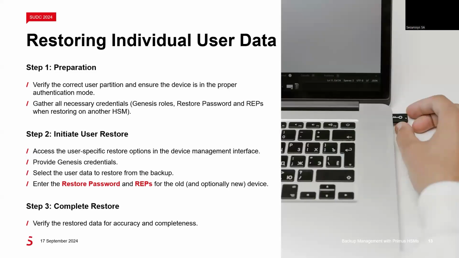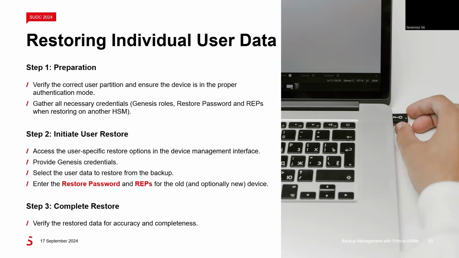In case you're managing HSMs and a user accidentally deleted a key, you can choose to make a restore of an individual user partition onto the HSM. So you don't need to make a complete restore.